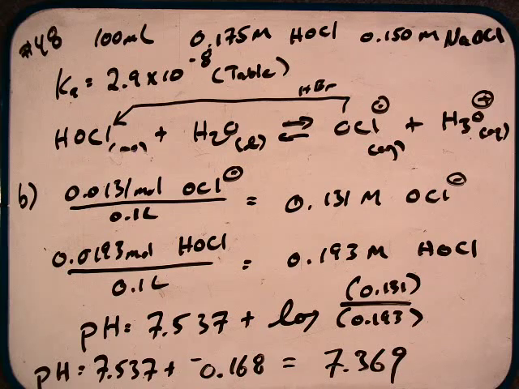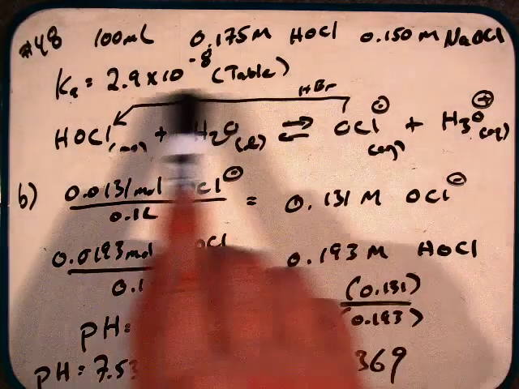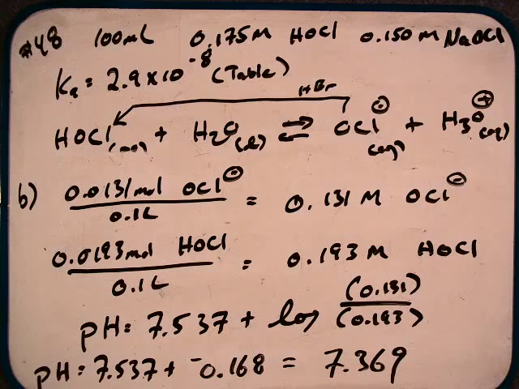So we went from 7.47 to 7.37. So we're still within that buffer's capacity, but we do see a slight change. So again, the addition of acid changes, in this case, the amount of conjugate base by decreasing it. It also changes the parent acid by increasing it, again, according to that top reaction.